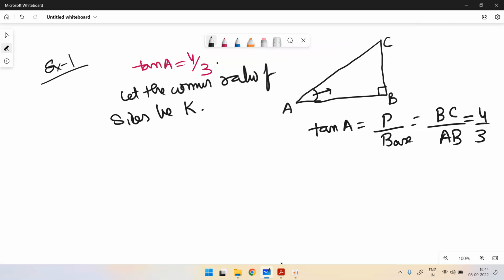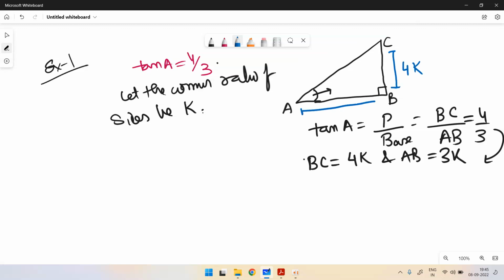So if I take the common ratio of sides as k, then I can write BC as 4k and AB as 3k. Then the ratio BC by AB will be 4k by 3k, which is nothing but 4 by 3 only. So BC becomes 4k and AB becomes 3k.